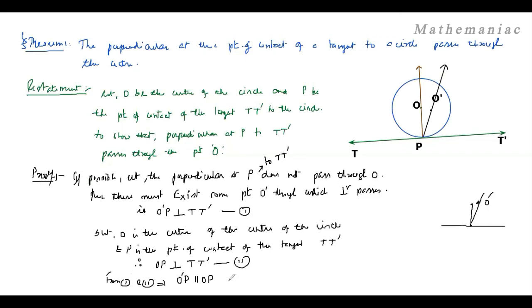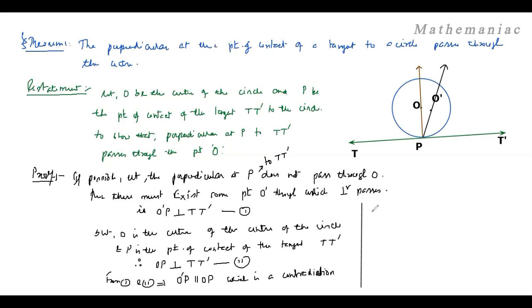So this is a contradiction, right? Which is a contradiction. And why does this contradiction arise? This contradiction arises because we have considered a wrong supposition. What was our wrong supposition? That the perpendicular doesn't pass through O. That's all.